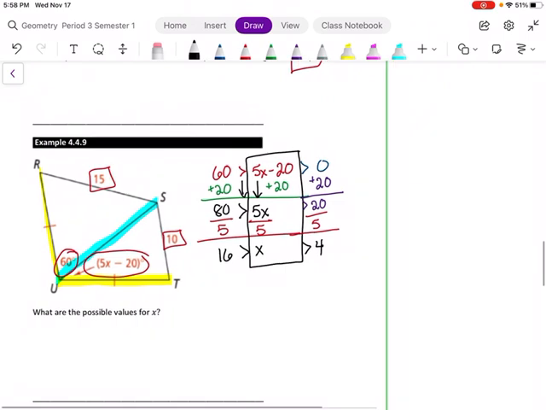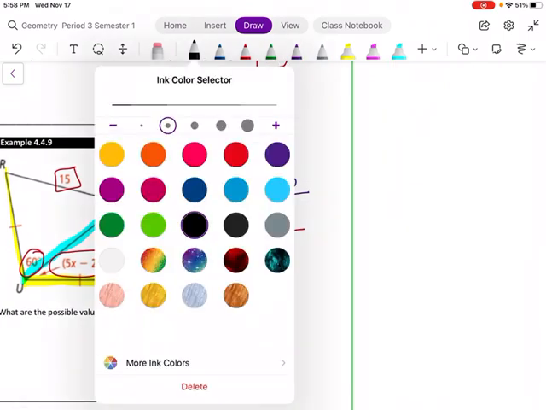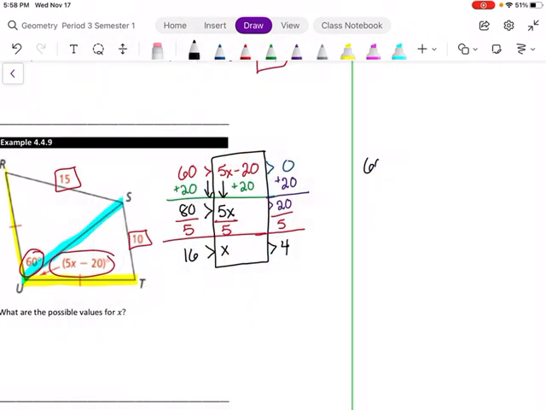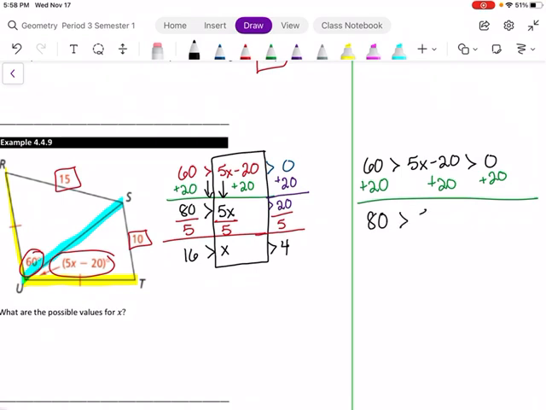So normally you would write it out all in one step for the beginning. You would get 60 is greater than 5x minus 20, and then it would also have to be greater than 0. And then you would go through one step at a time. If you add 20 in the middle, you add it on both sides. And then you would get 80 is greater than 5x, which is greater than 20.